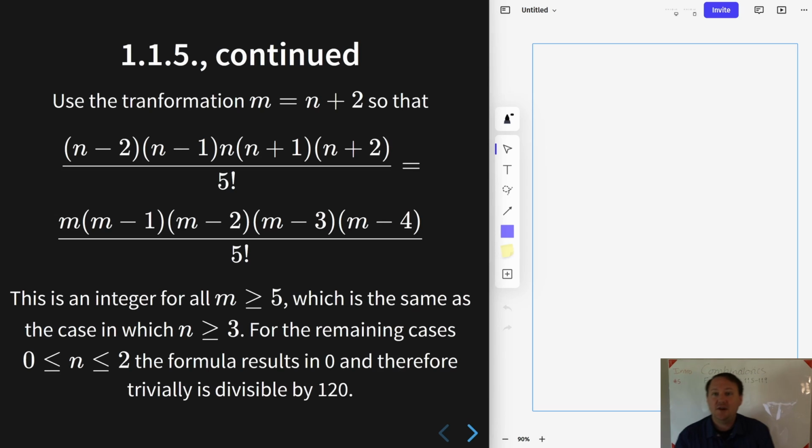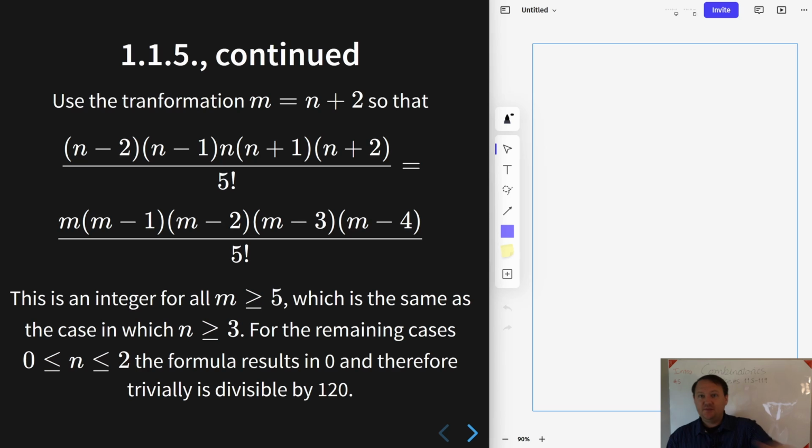In fact, you can just perform a transformation: let's call m = n + 2. It transforms the given expression into this expression that we identify as m choose 5. Now, this is valid for m greater than or equal to 5, which is the same thing as n greater than or equal to 3.